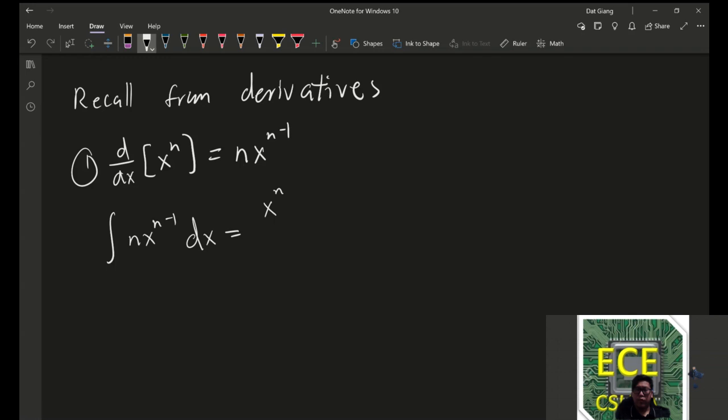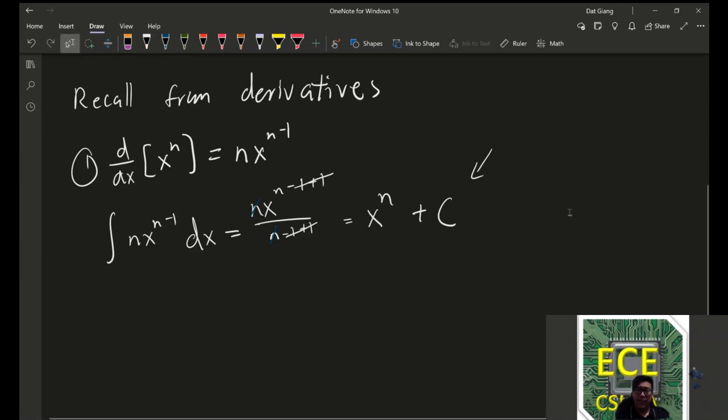So what we do is we have n minus 1 plus 1 divided by n minus 1 plus 1, which matches the same as the exponent. This will go away, this will go away, and from here, these two go away. And it equals x to the n, plus some constant which we will not discuss for now.